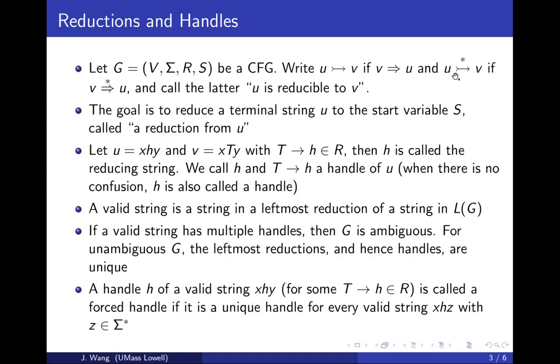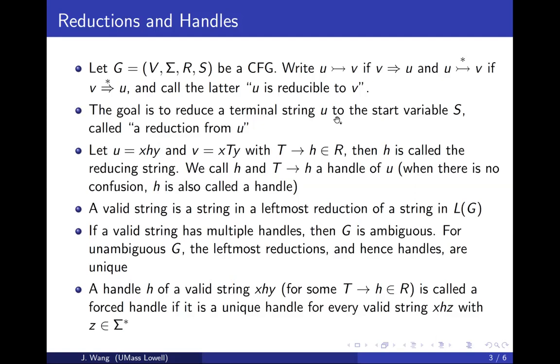And we also write U tail arrow V with a star sign if V derives U, again with the star sign, which means that it involves multiple steps. And then we call this U tail arrow V with a star sign a reduction. So in other words, U is reducible to V.